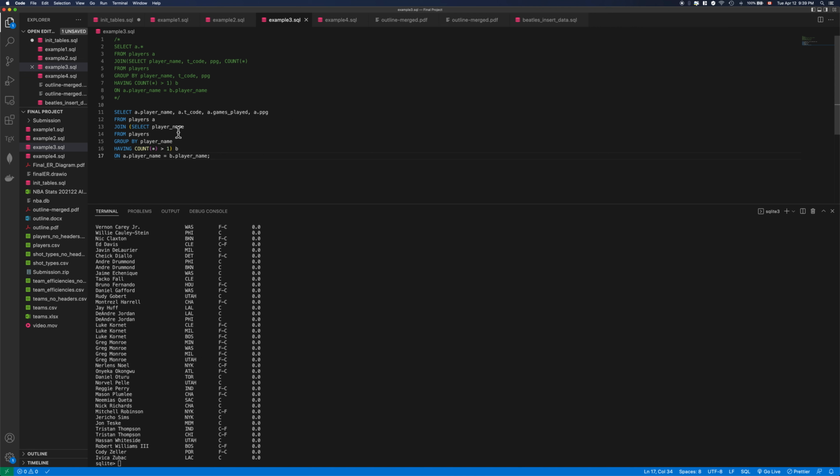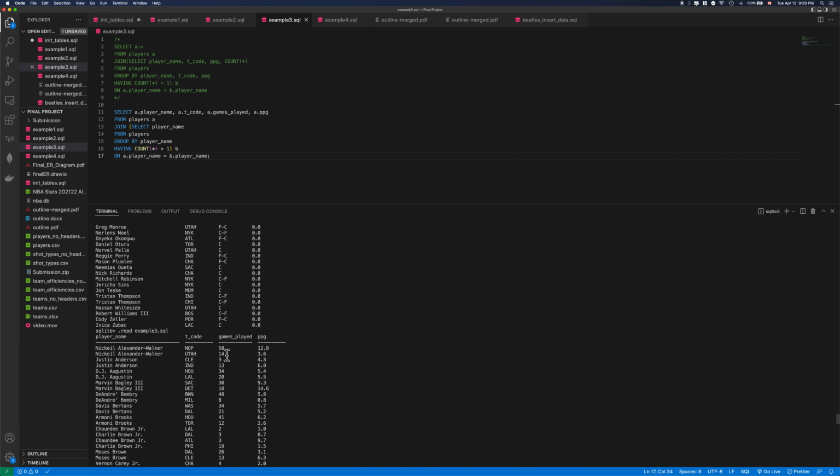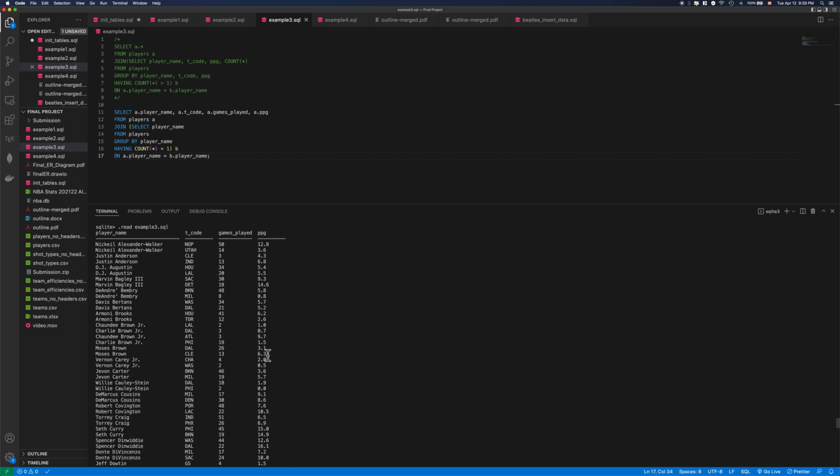It basically just goes over players who have played for different teams throughout the season and their performance, specifically regarding the games that they played, the team that they played for, and the per game average. So as you can see, there are players that play for multiple teams, and it lists the games that they played and the points per game average for that team.